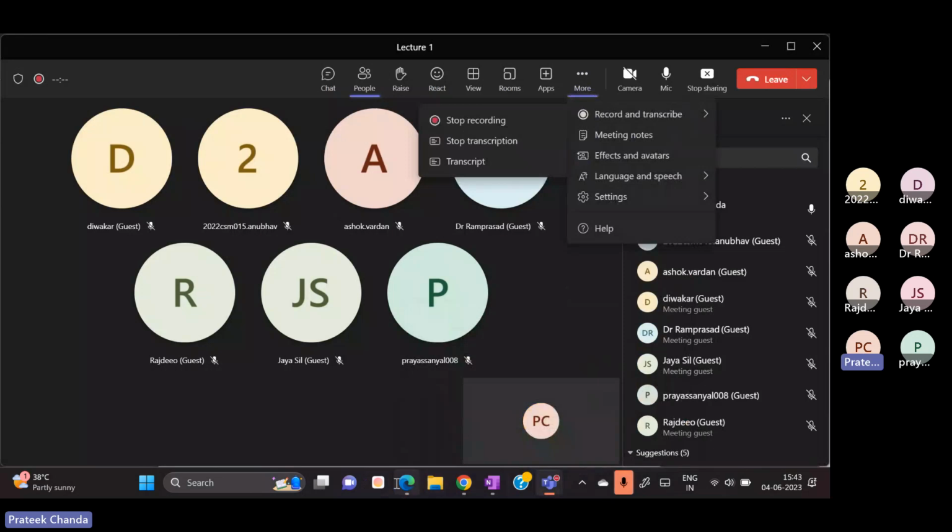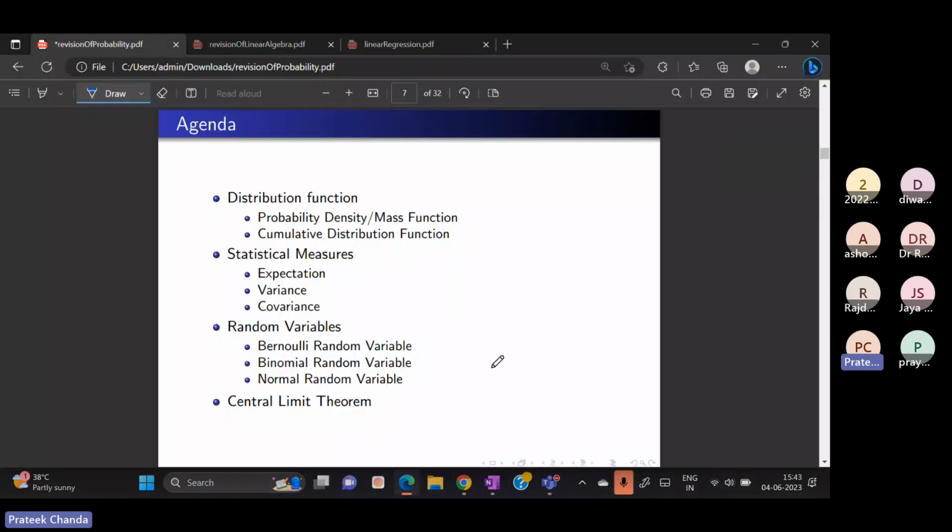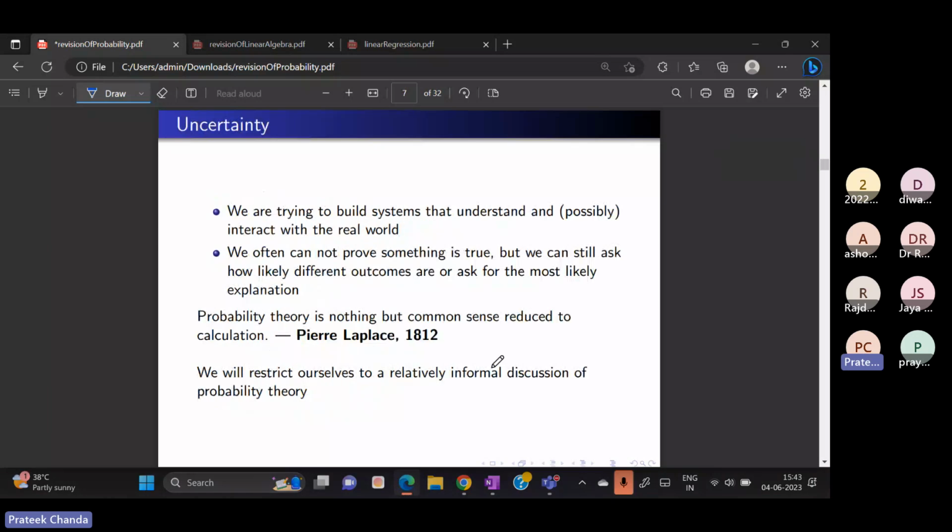Let's first discuss what we mean by probability in itself. In ML models, when we are building a model, there is often a prediction that we want to make on a new data set. The prediction means there is a notion of uncertainty, like how certain you are that this model will predict this class or the other class in a classification task.